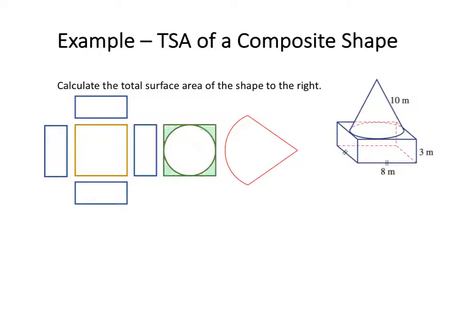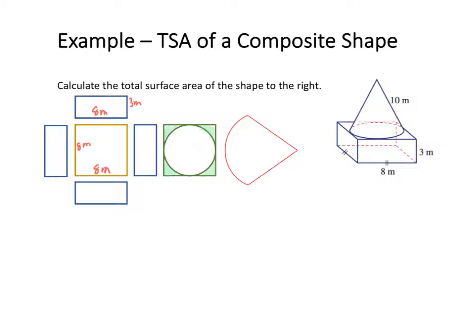So now that I've got all my individual shapes, before I go ahead and start doing my calculations, I need to add in my measurements. Starting with the square, it's going to have a side of 8 meters. My rectangles are going to have a length of 8 meters and a width of 3 meters.